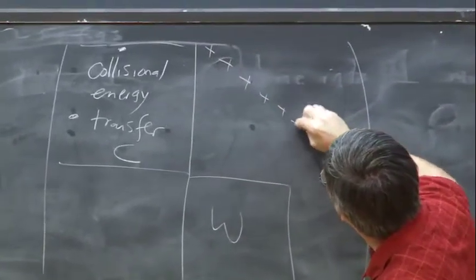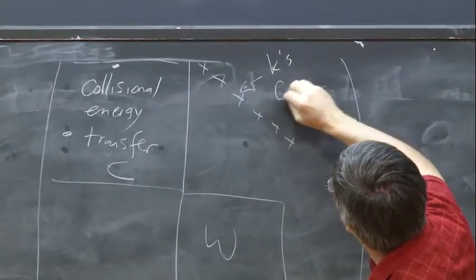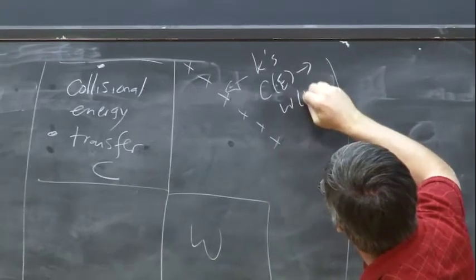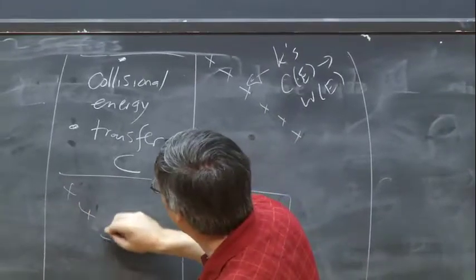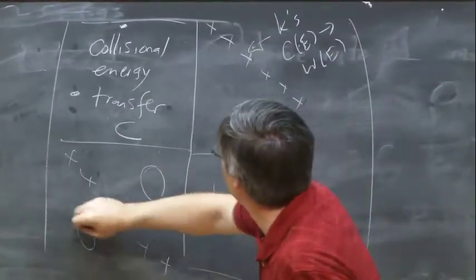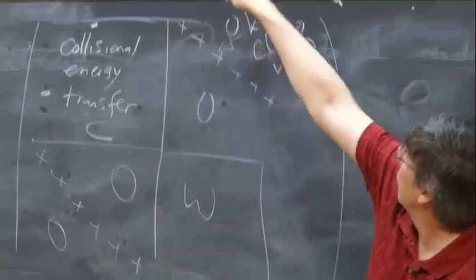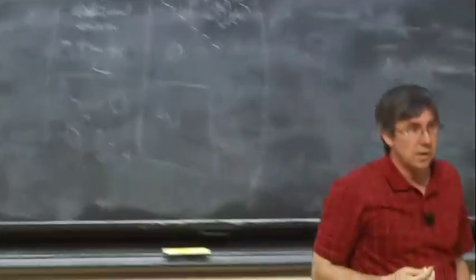These are the Ks for C of E going to W with the same energy. And there'll be ones for the W's going to the C's also. All the rest of this will be zeros. And then there'll be a couple extra ones for going to the bimolecular products, A plus B and D plus C.